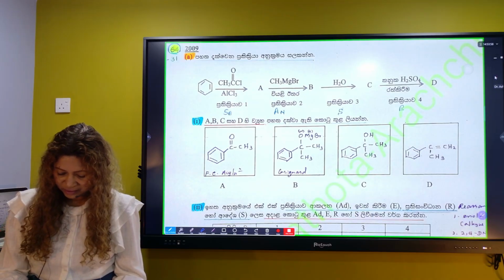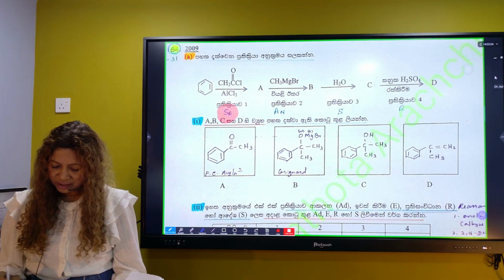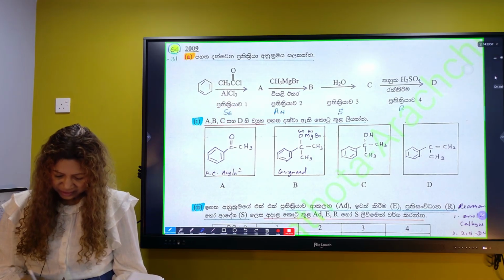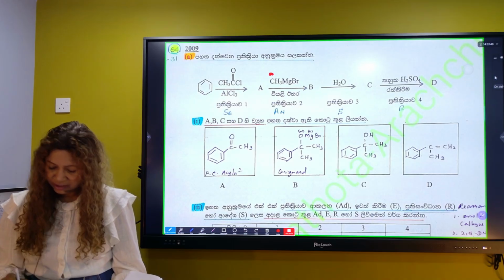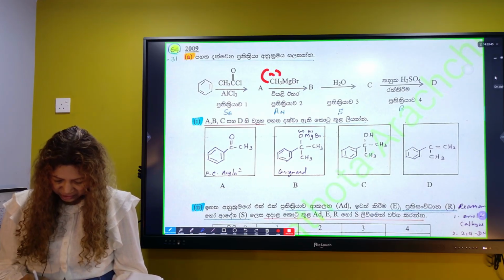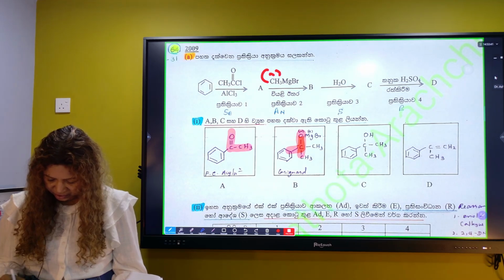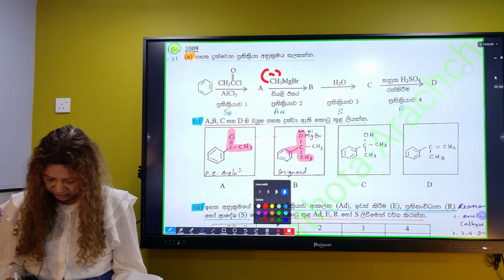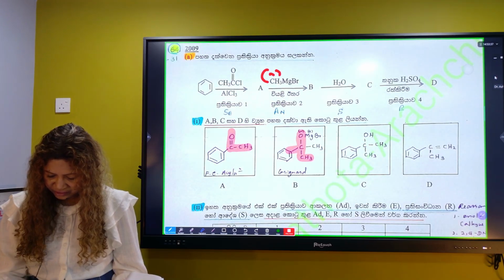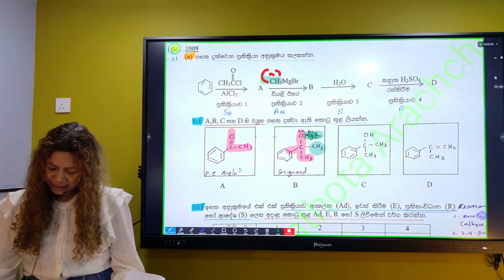So the Friedel-Crafts acylation, electrophilic substitution, and then you have this negative charge Grignard here. So the nucleophilic addition. Once you get COCH3, then nucleophilic addition of this CH3 gets here and MgBr gets here.